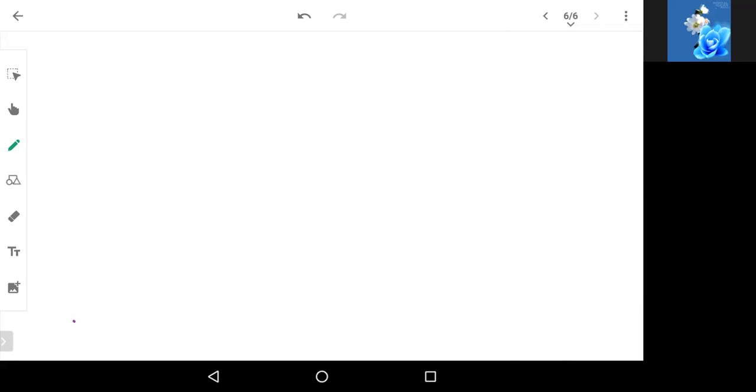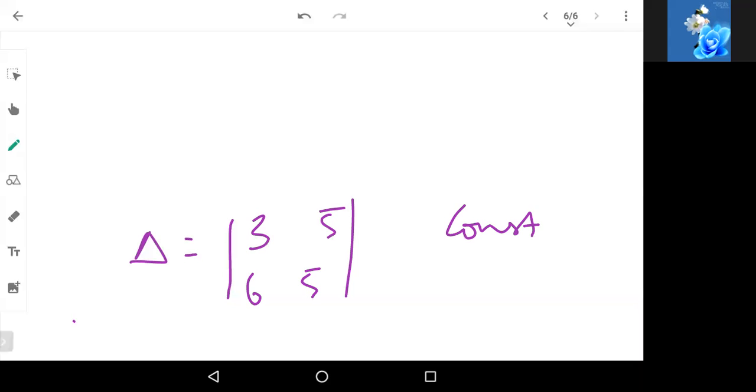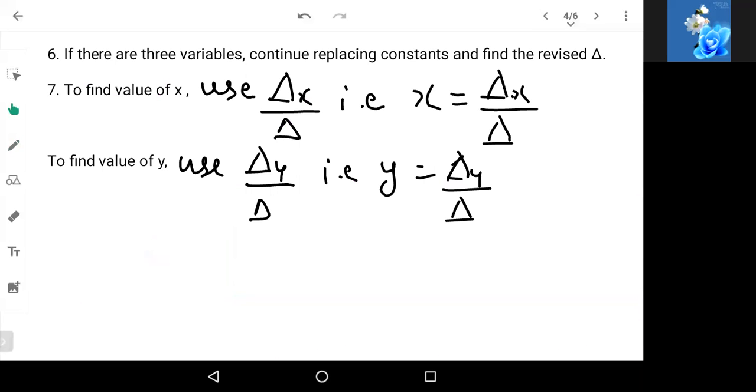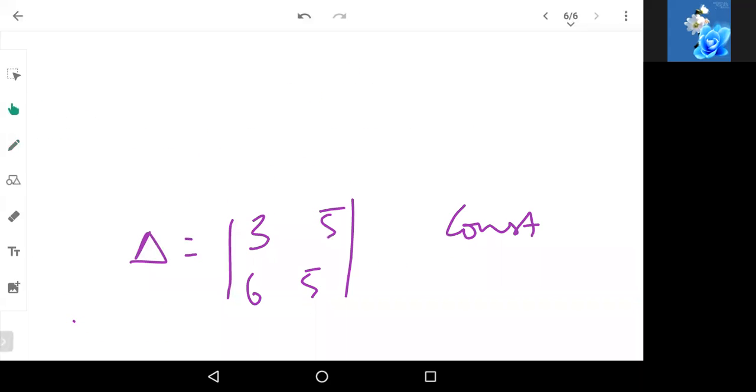Now let us calculate the delta x. My delta was 3, 5, 6, 5, right? And the constants in the equation are 8 and 11. So to find delta x, I will replace this 3 and 6 with 8 and 11. Now, since it's the first problem, let us write the explanation.